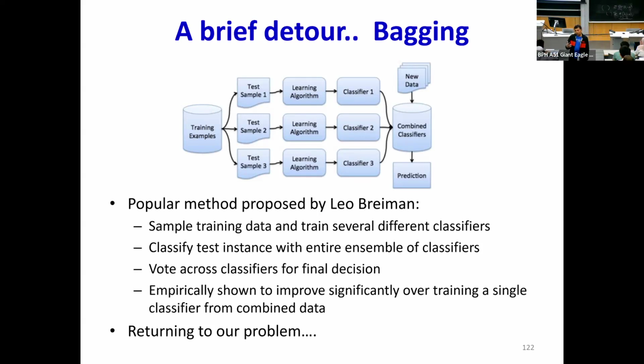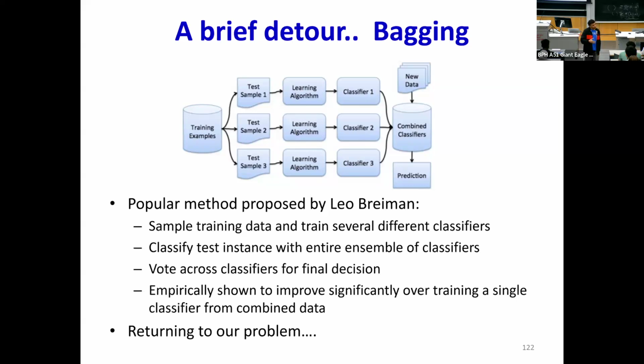Now, before we do that, before neural networks became all the rage, a lot of research went on to how you could train many machine learning models and ensemble them to get a better model. And one of the most popular methods was called bagging. It has provable properties. The way you would perform bagging is that you would draw random samples from your training data, and from each random sample, you train a different model.